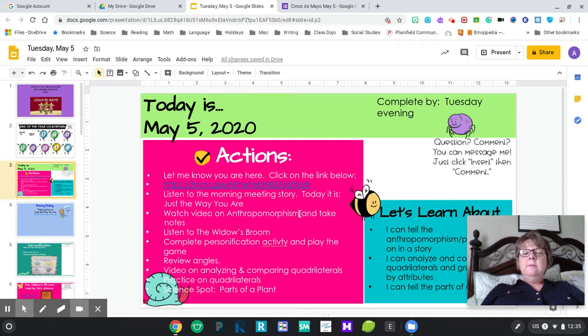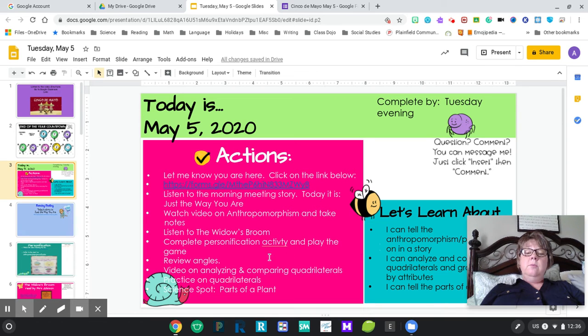But basically, this word here means personification. So we will be talking about personification today. You're going to listen to the widow's broom, and you're going to complete the personification activity. And I don't think there is a game, so I will take care of that.